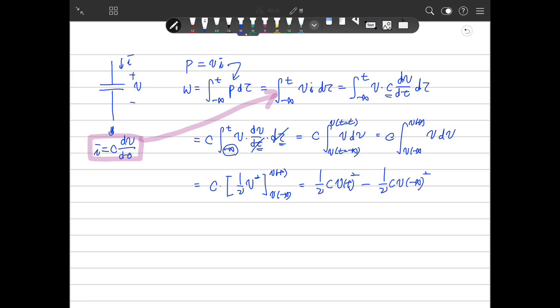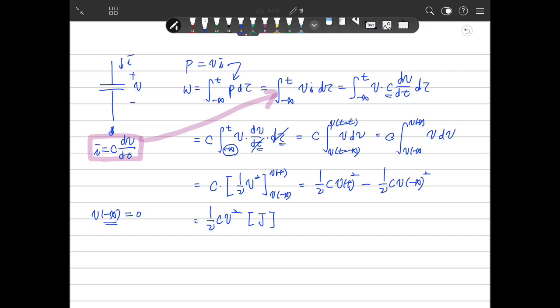What is the meaning of v of minus infinity? That means the capacitor voltage when the time is minus infinity. We can guess that it is 0. So it is written as half C V squared. The unit of the energy is joule.